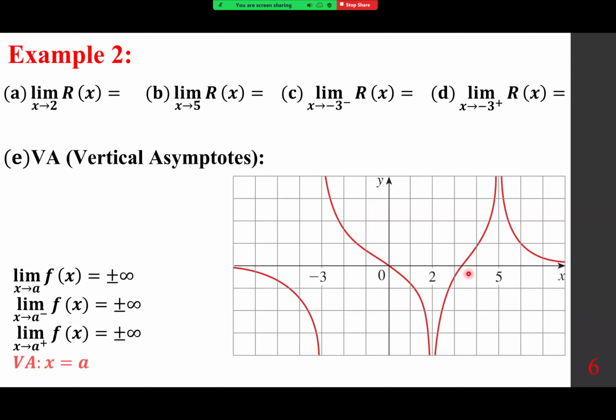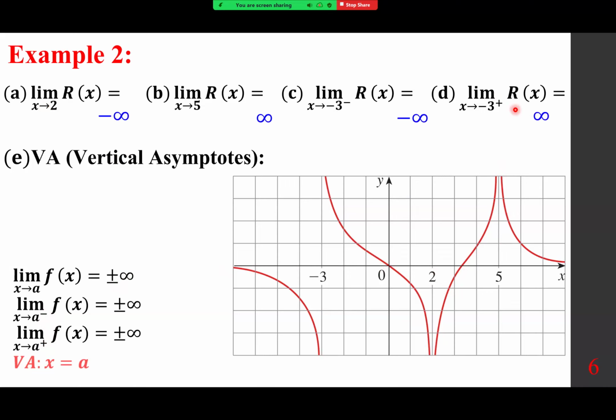So as x approaches 2, from the left and from the right, both of them go down to negative infinity. However, at 5, they blow up to positive infinity. Negative 3 depends. From the left it goes to negative infinity, but from the right it goes to positive infinity.